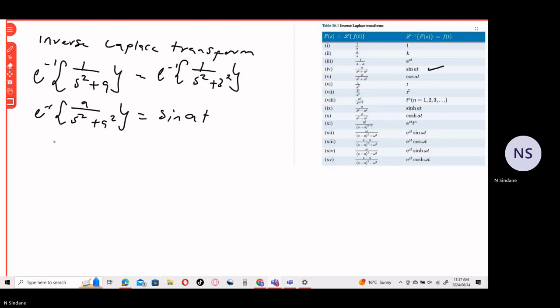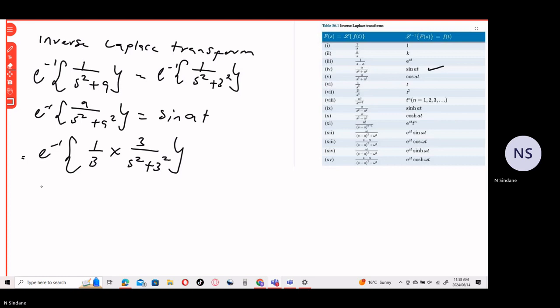I'll say this will be the Laplace inverse of 1 over 3 multiplied by 3 over s squared plus 3 squared. If I cancel 3 and 3, it brings me back there. So mathematically it's like I've done nothing.